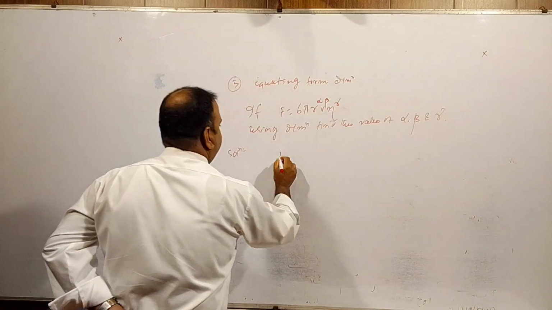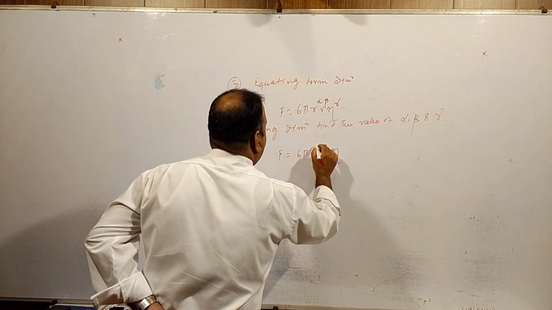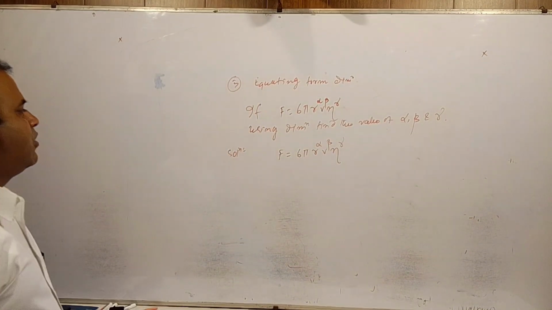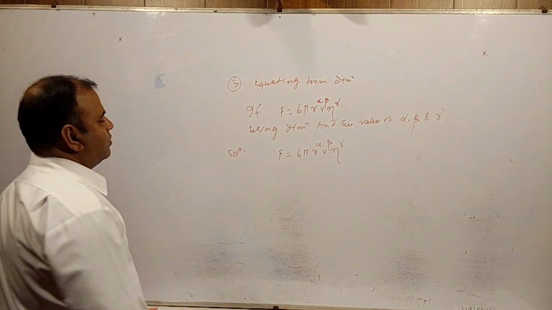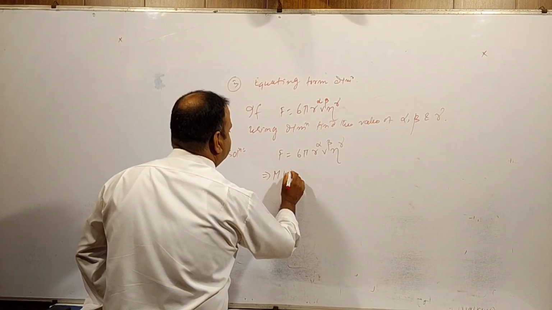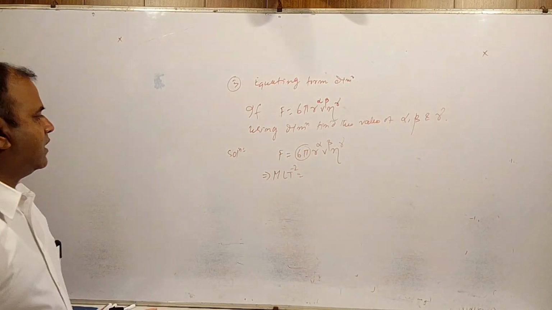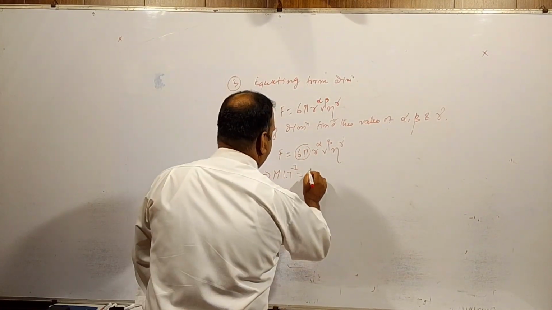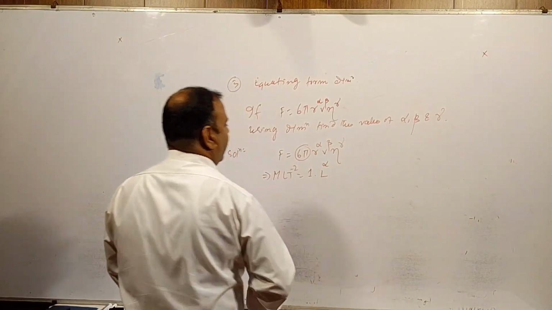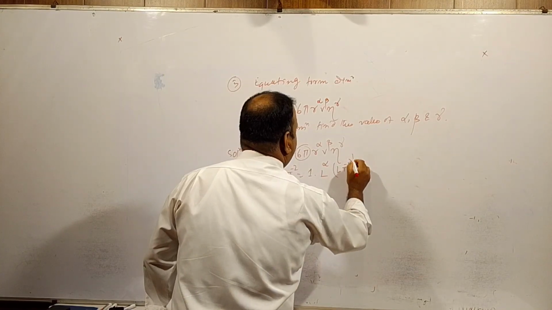F is equal to 6 pi R^alpha B^beta eta^gamma. Here F means ma, and a means meter per second square. The dimension of any constant term is always 1, so there is no dimension. R means distance, meter, so alpha. And here velocity means meter per second.